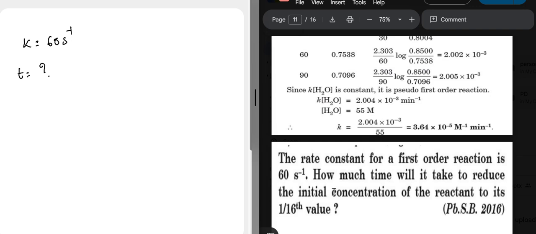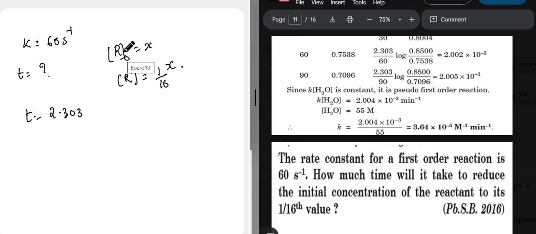They are telling the initial concentration of the reactant is reduced to 1/16th value. So if R0 I take as X, R over here is 1/16th of X. That is only left behind. Okay, so we can directly apply in the equation.